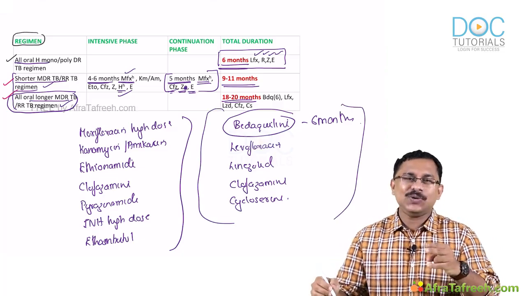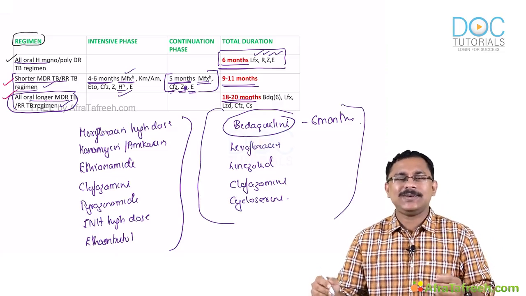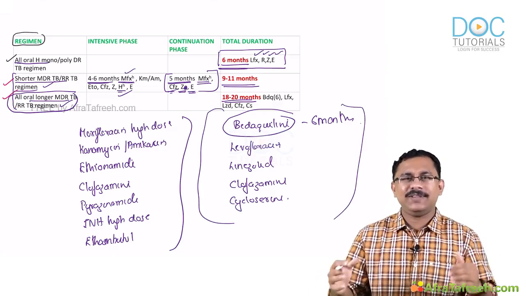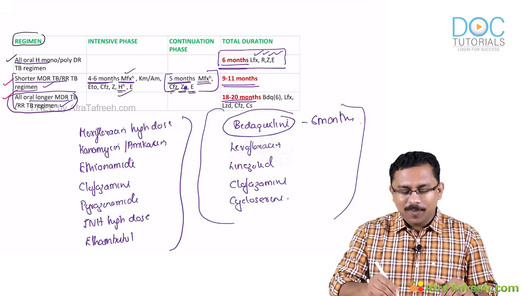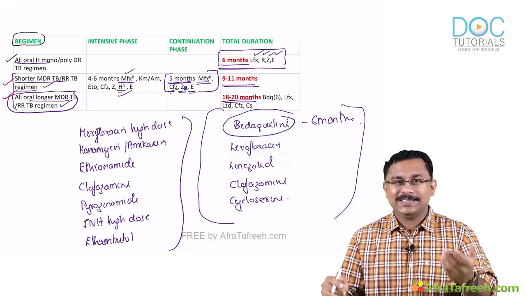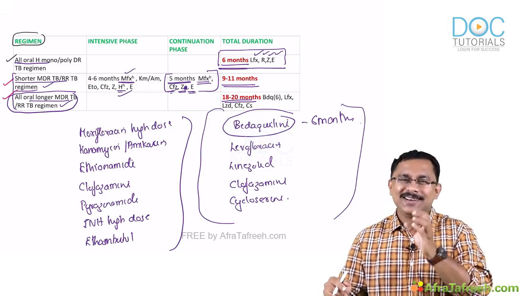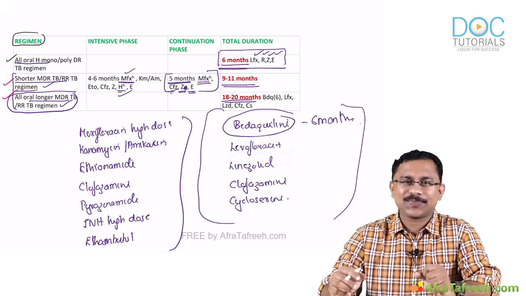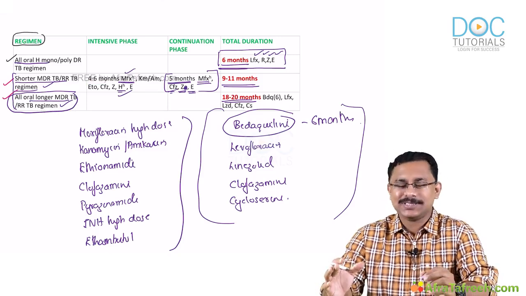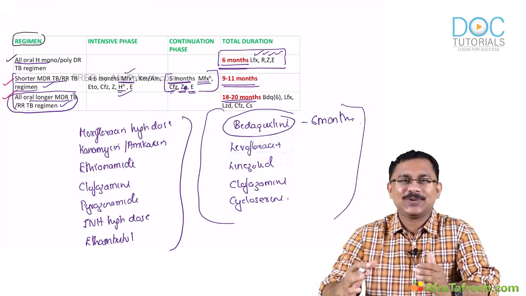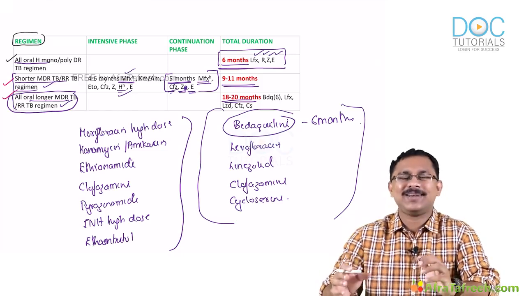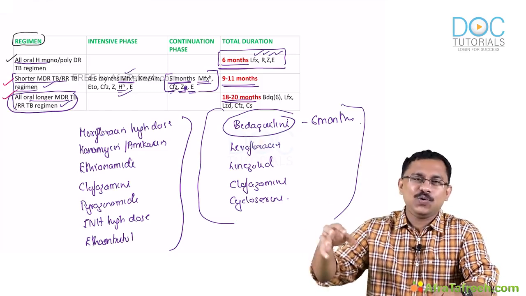Now for these two, the shorter version as well as the longer version, you can go for either of these. The problem with the shorter version is that you have the injectables. So this is how you are dealing with drug resistant tuberculosis. You have got to know this. It is actually simple because they have simplified it into two groups.